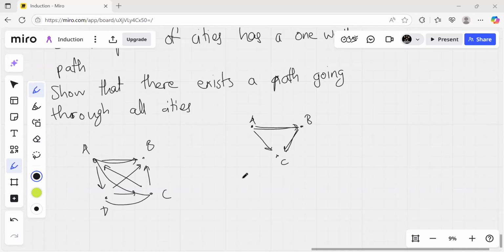If there is an edge facing to the new point, then from the end point you connect it to the new point, so the new point becomes the new end point, and the proof is complete. And if there's no edge with that direction to the new point, then the new point comes in the middle of the path.